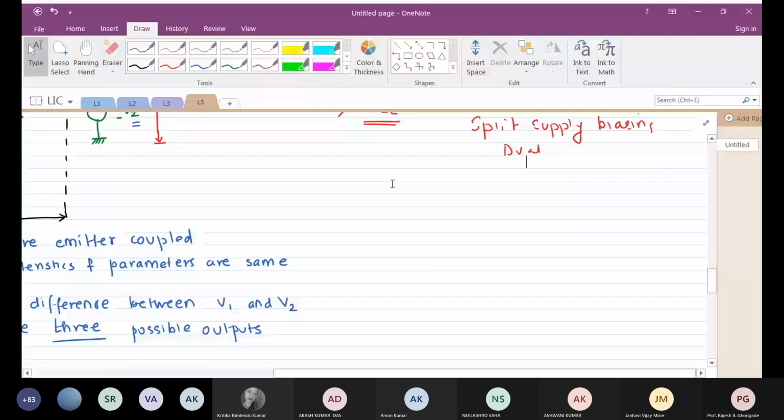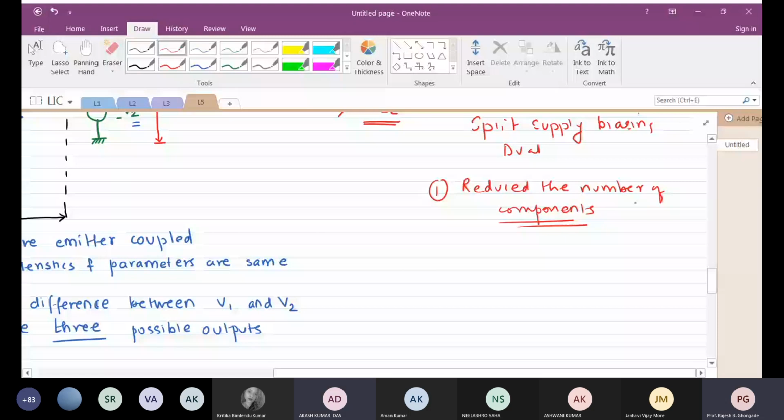Guys, first of all, we have reduced the number of components. Isn't it? Two resistors have simply been eliminated. Okay? Is that fine? Yes, sir. And there is one more thing which is also very interesting.